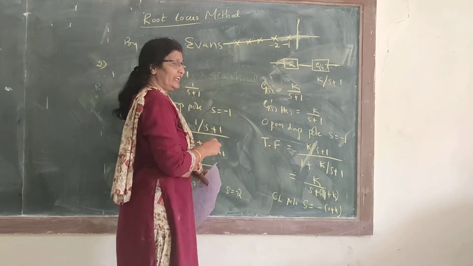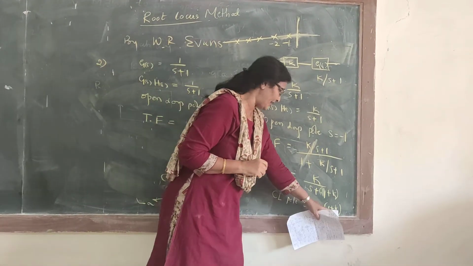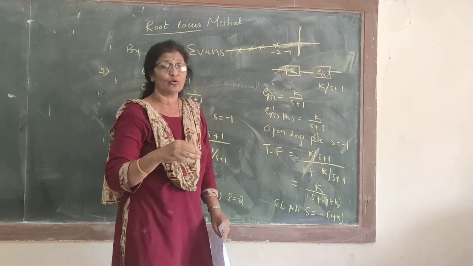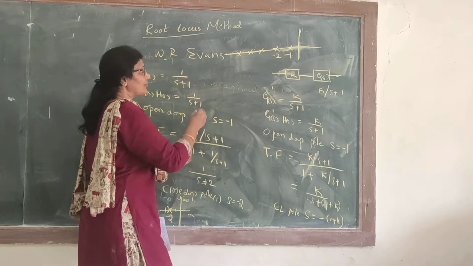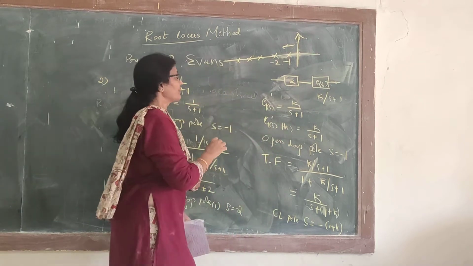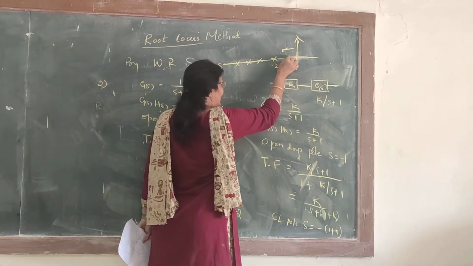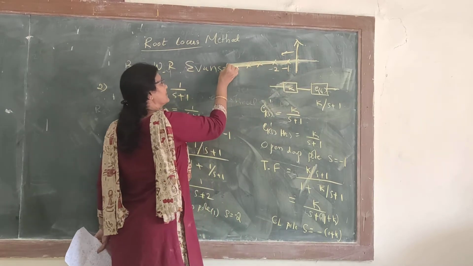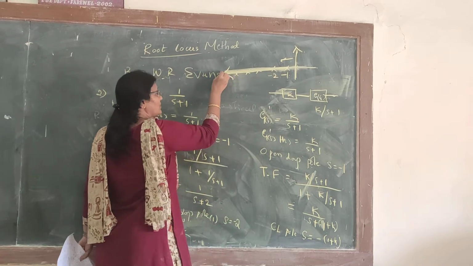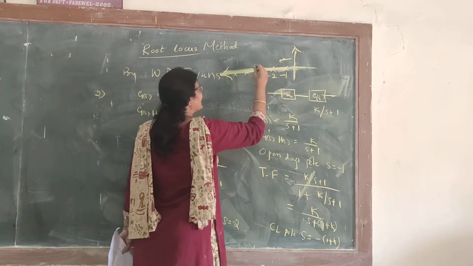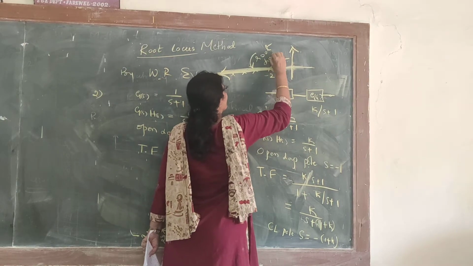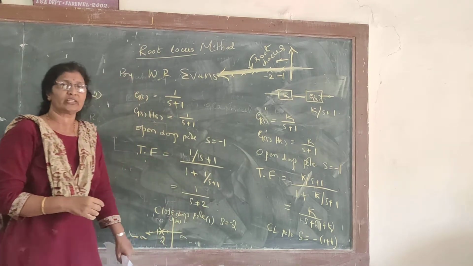That is the effect of k. If you increase the k value from 0 to infinity, the system will be more and more stable, since the poles are moving away from the imaginary axis. If you join all these poles on the real axis, the resulting path is known as the root locus.